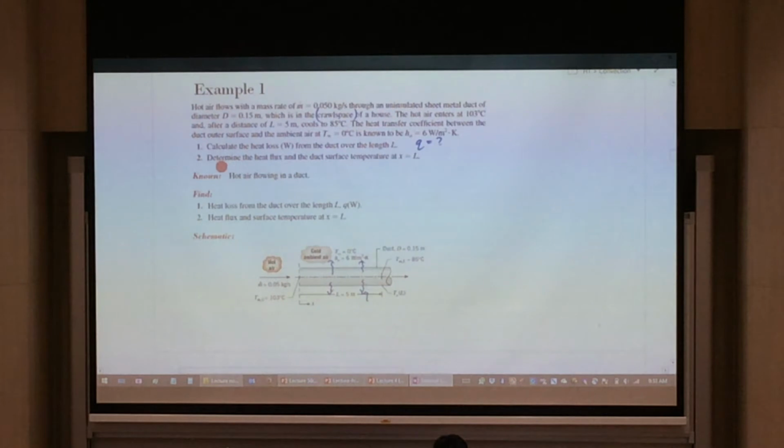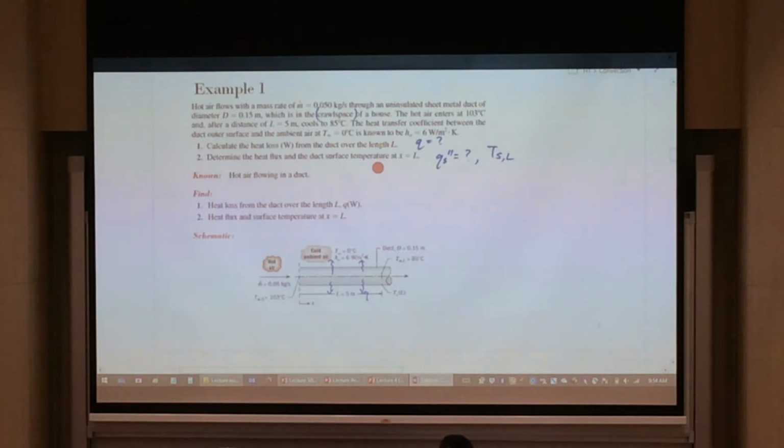And how about the next question? Determine the heat flux and the duct surface temperature at distance L. So heat flux will be Qs double prime. And your duct surface temperature, that refers to Ts, the surface at your L distance away.